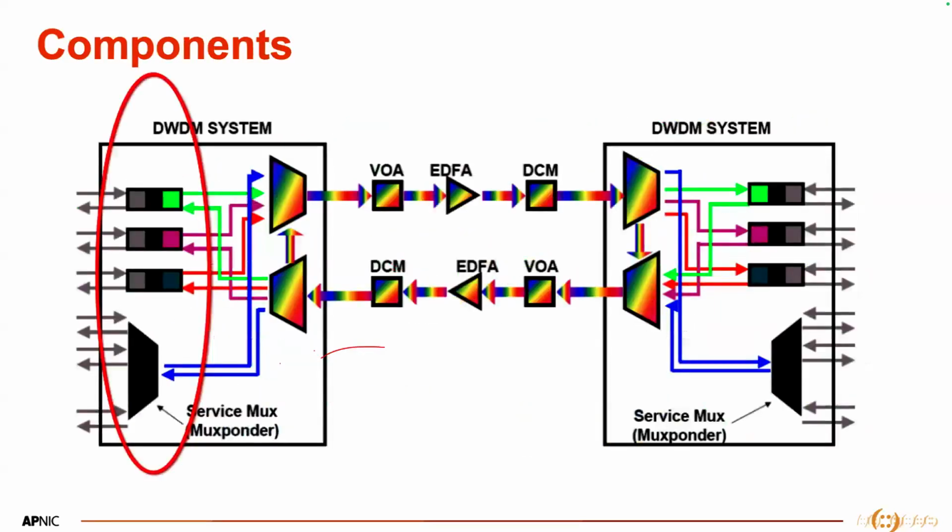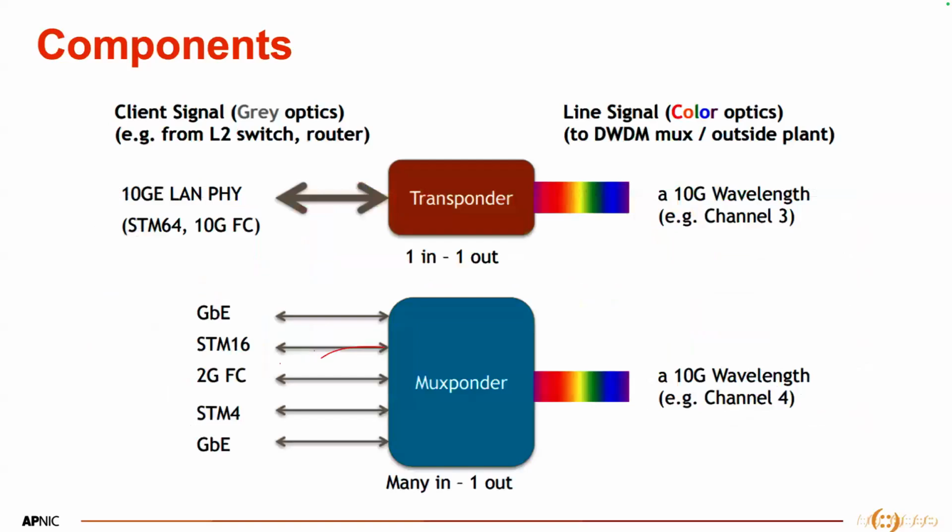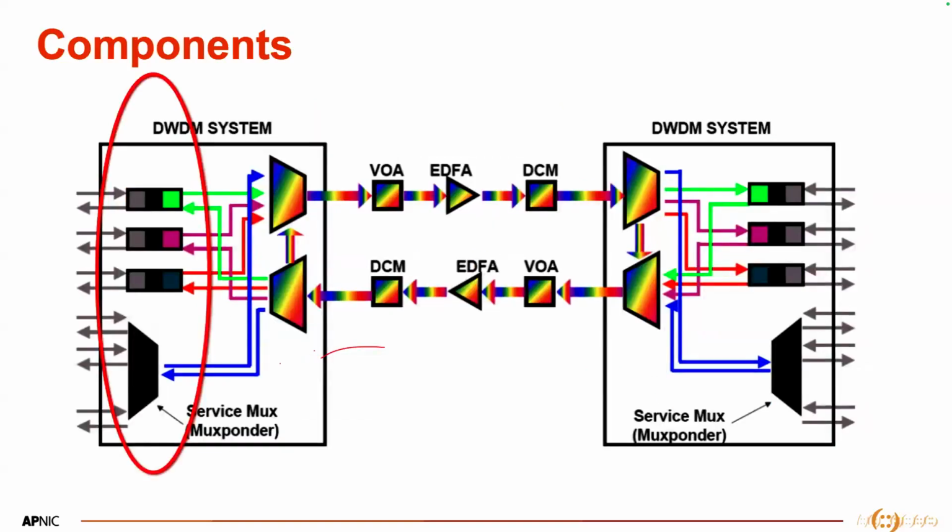Moving forward, so first thing we would like to discuss is the OTU cards, or as we said, the transponder or muxponder. As you can see in this diagram, the elliptical red shape, this segment is called the OTU segment.